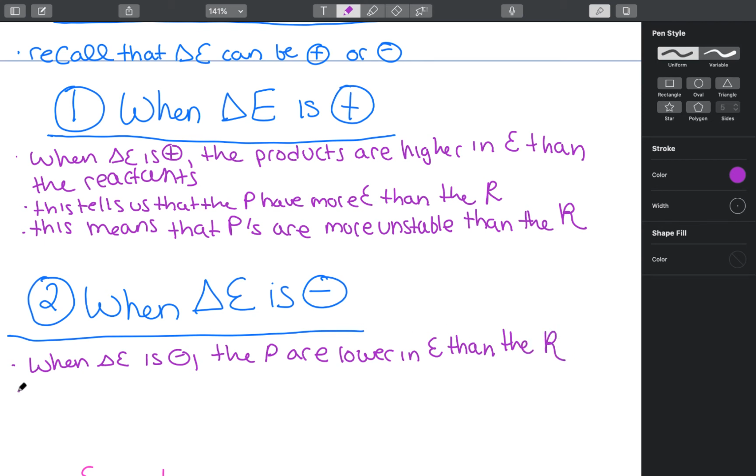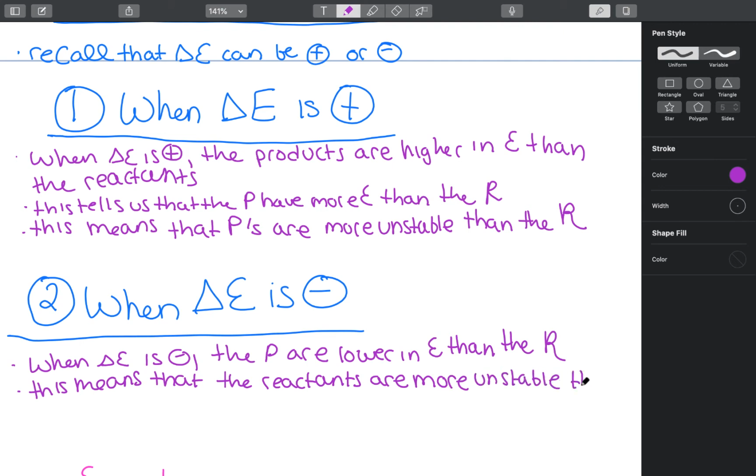So this means that the reactants are more unstable than the products.